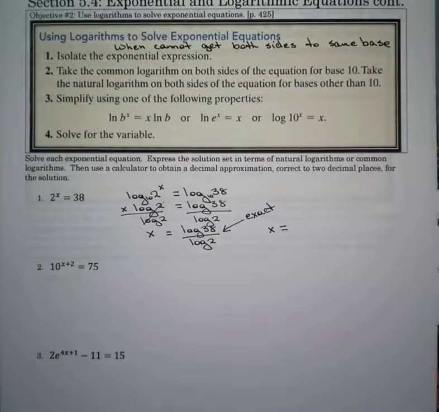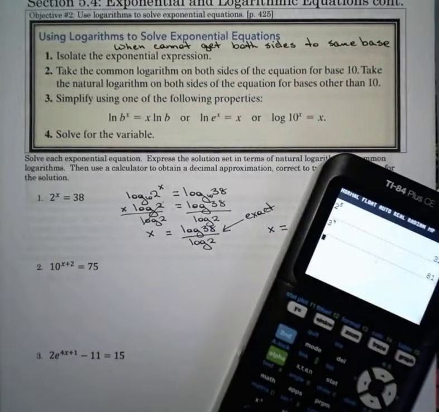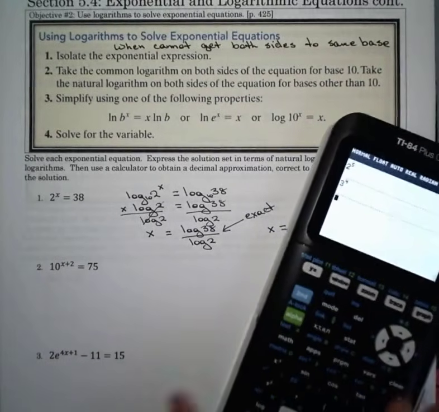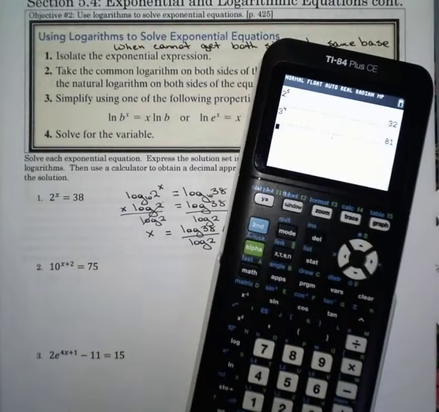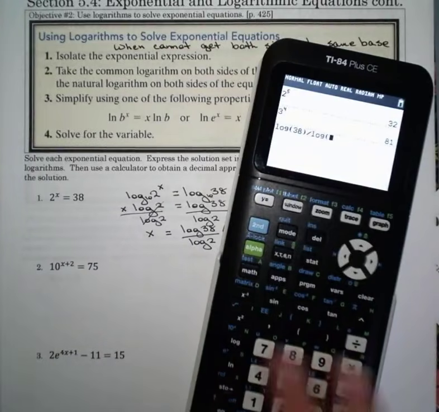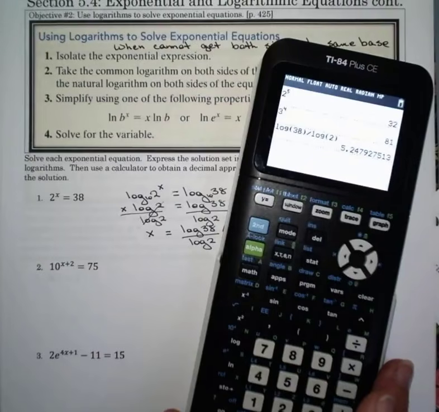But you know that you can take your calculator and figure out what those are. So in my calculator, I'm going to use the log button: log 38, divided by log of 2. And I came up with an approximate answer. I'll go to 2 decimal places and call that 5.25.